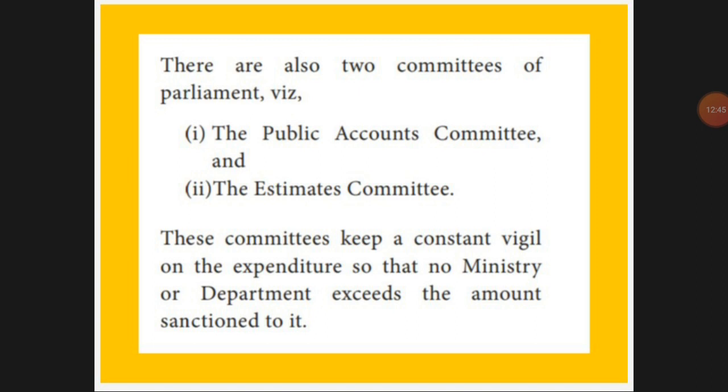So these two committees, the Public Accounts Committee and the Estimates Committee, will constantly look after and see that there should not be any misuse of funds. That is the main thing. Whatever amount is sanctioned should be used correctly, and they will overlook that.